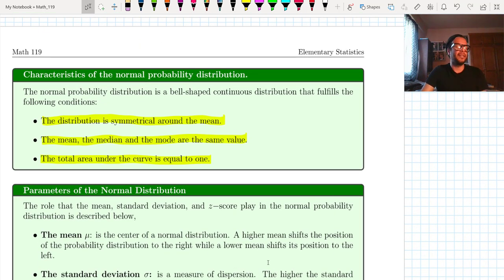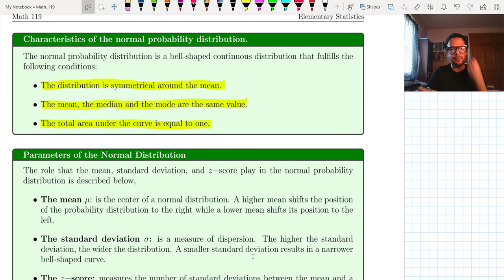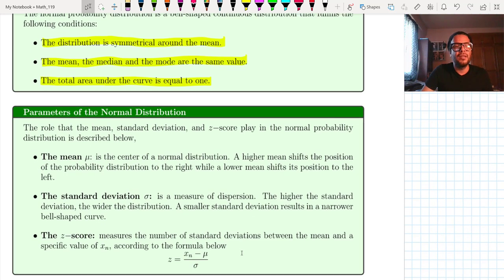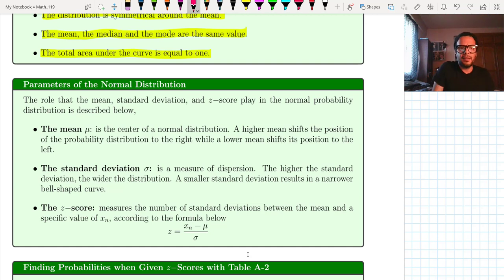And again, let's make a connection with the discrete probability distributions. Remember, from random variables, the sum of all the probabilities is equal to 1, and all individual probabilities are between 0 and 1. So if we add them together, we get 1. So the parameters for the normal probability distribution: number 1, the mean, which is the center of the normal distribution.